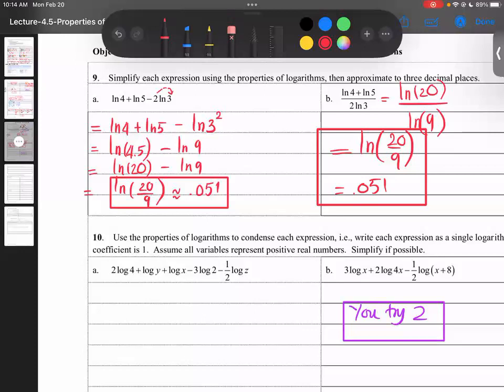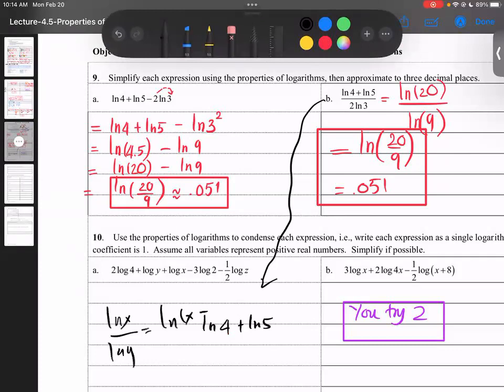Is this? Don't write this down. It's this. That's become ln of 4 plus ln of 5. I feel nervous when I subtract. ln x over ln y, ln x minus y.